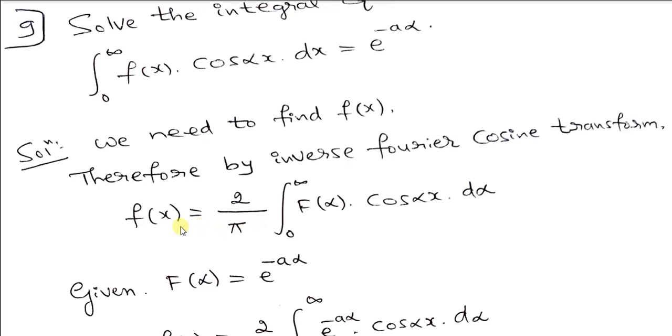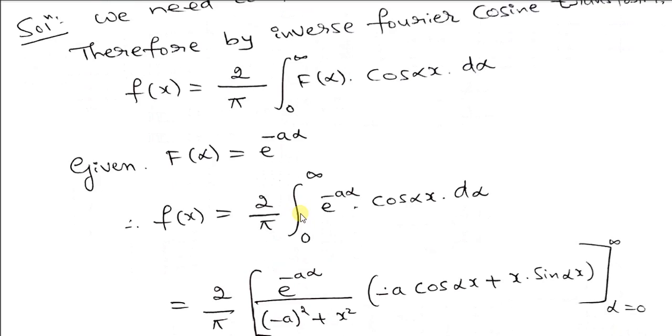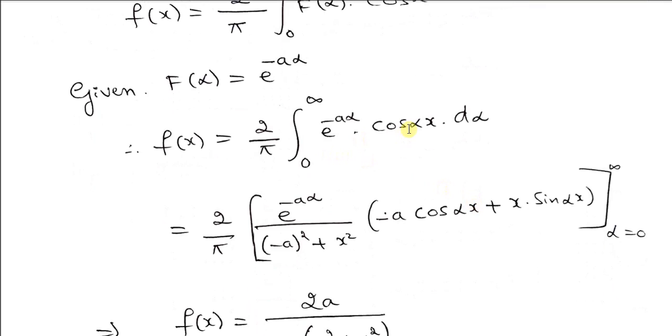So as usual, write down the formula first. The formula is 2 by pi integration 0 to infinity F of alpha cos alpha x into d alpha, and F of alpha is e power minus a alpha, cos alpha x into d alpha. Again we have to integrate this. As we discussed in the last problem, it is of the form e power ax into cos bx.